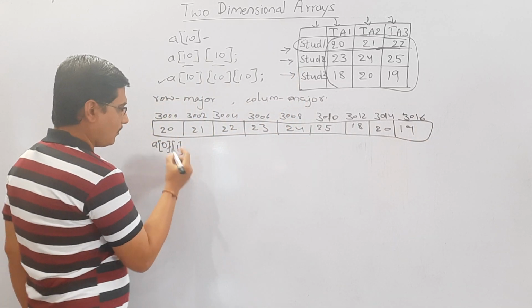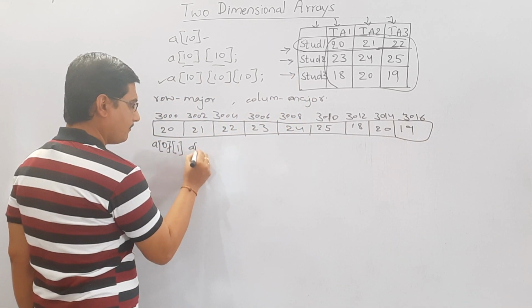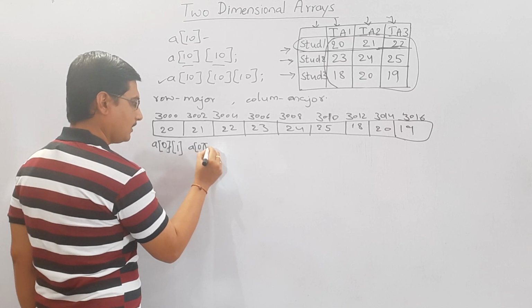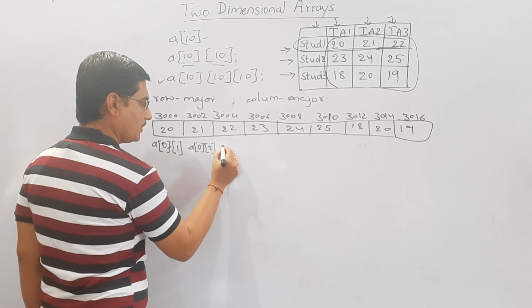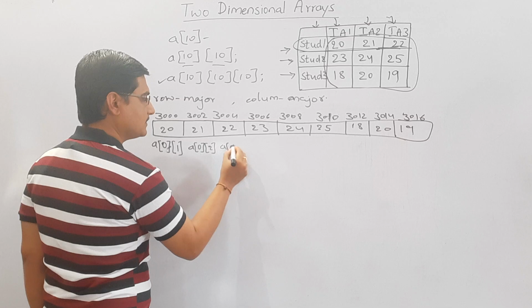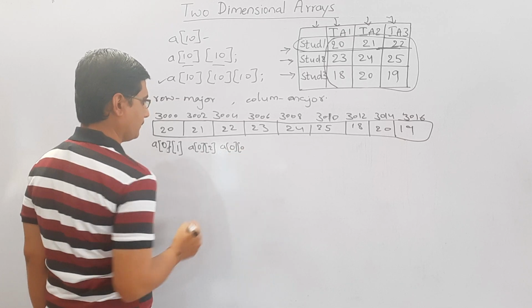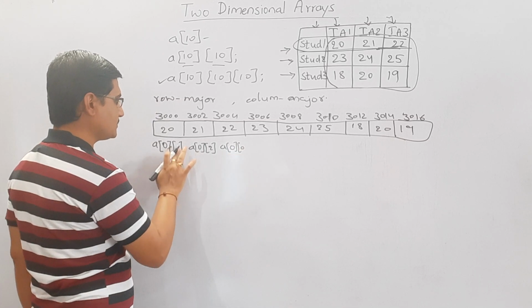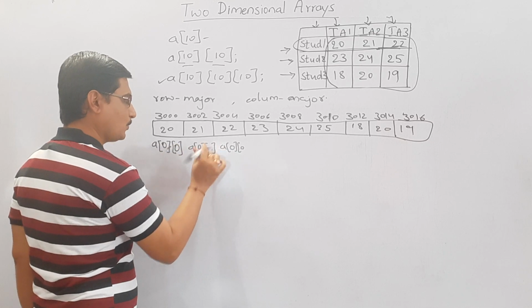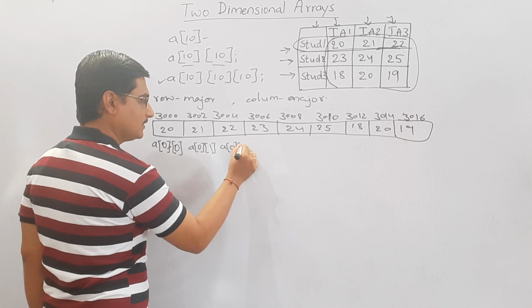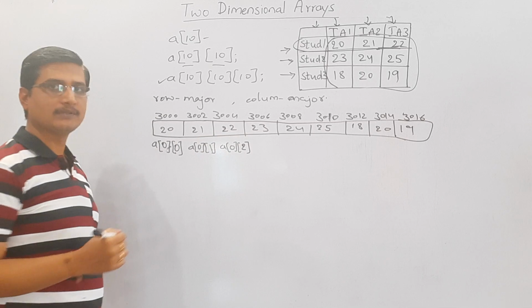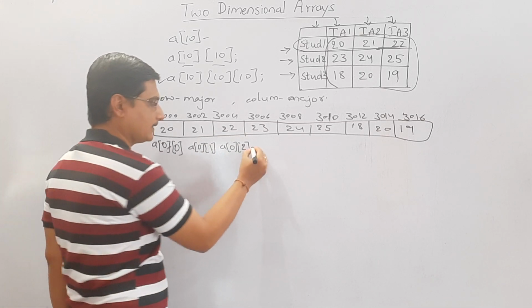This is A of 0, 0, this is A of 0, 1, this is A of 0, 2, because all the array indices start with 0 in C language particularly.